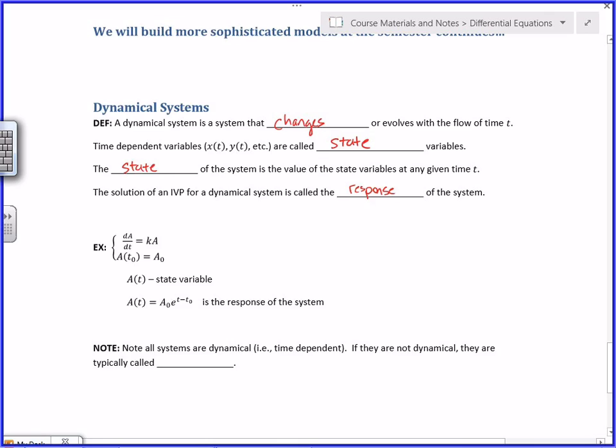This model right here happens to be the radioactive decay model or the population dynamics model. The state variable is A. The response of the system is the solution to that differential equation, which happens to be given there for you. Any systems that are not dynamical are called static systems.